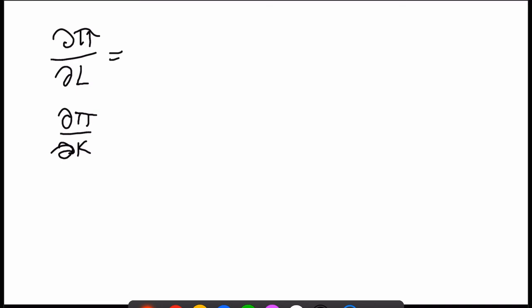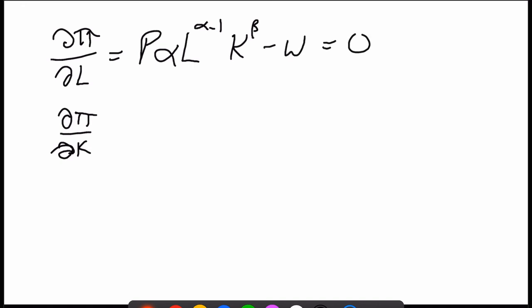And that's going to be P alpha L to the alpha minus 1 K to the beta minus W equals 0. And this is going to be P L to the alpha beta K to the beta minus 1 minus R equals 0.